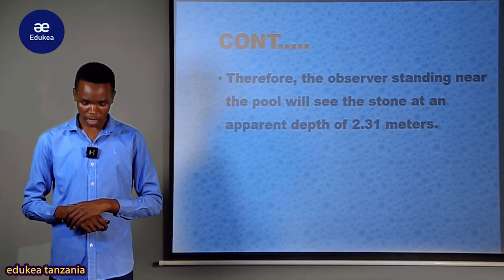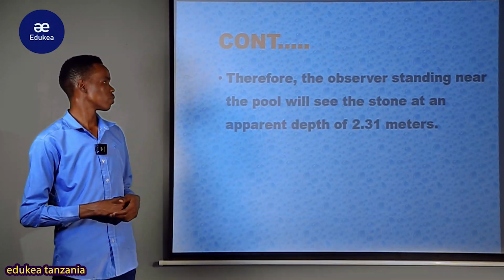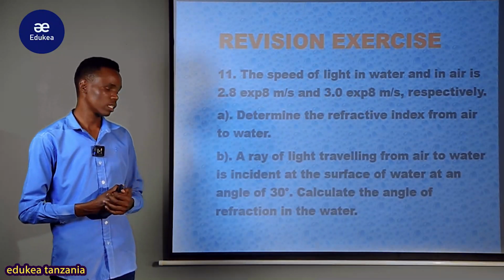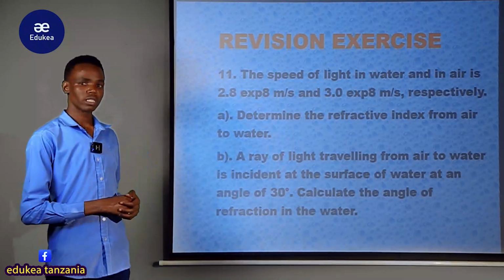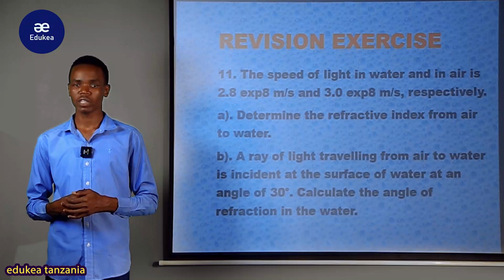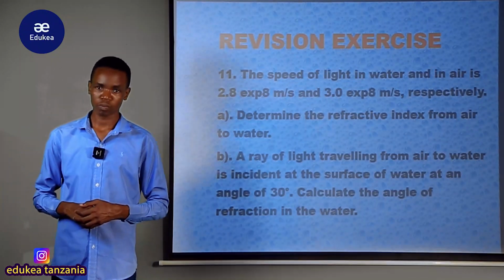Now, after here, let us see another question, which is question number 11, as you see here, my dear student. Let us look together and read this question, and after that, we will think of the formula that we can apply to obtain the unknown value.